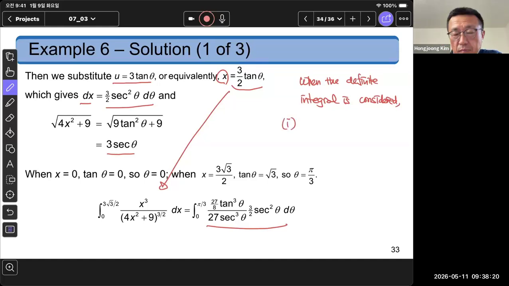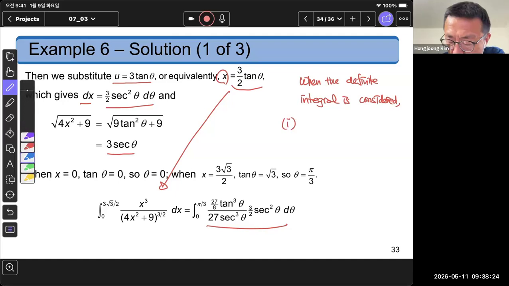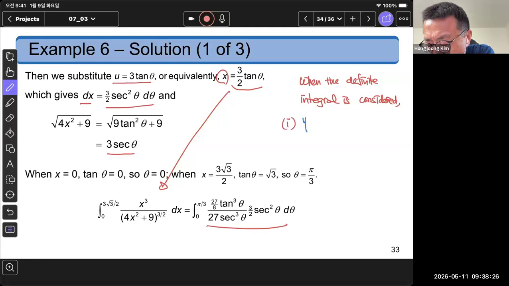One, you don't have to go back to the expression in the x variable.